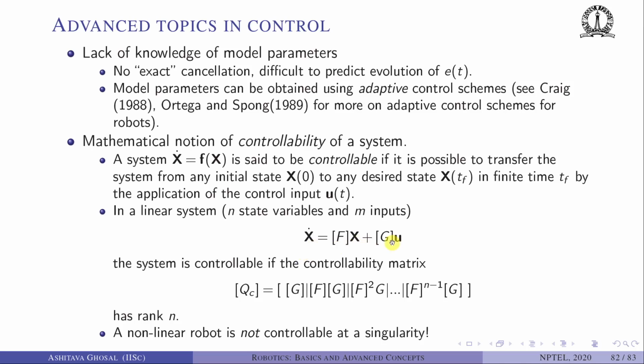What about nonlinear robots? There are no known results for controllability. So we cannot say that for this robot, mathematically, I can take it from an initial theta and theta dot state to a final theta and theta dot state using the torque. What do we know about controllability?